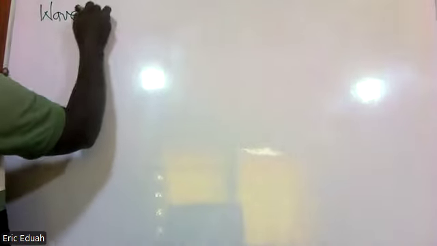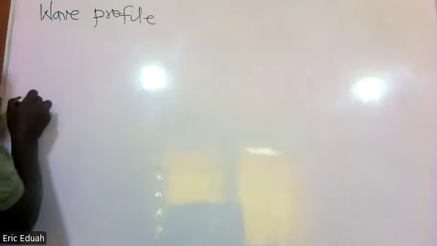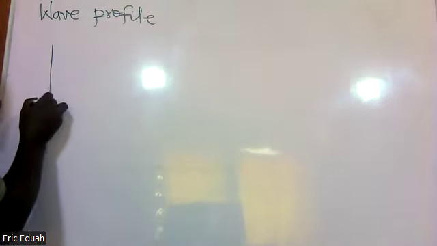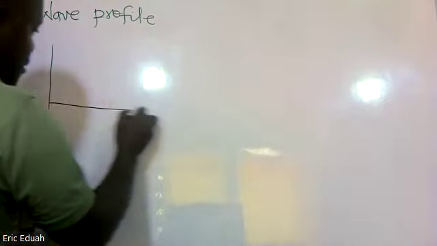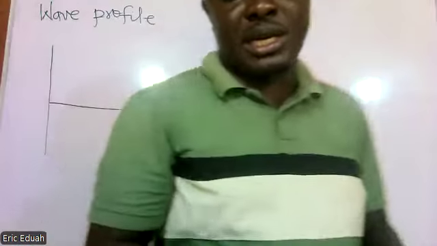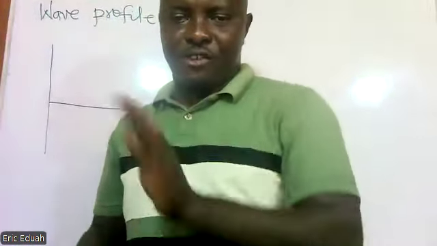So the wave profile. We draw X and Y axes. A wave is actually a simple harmonic kind of motion, that repeated kind of motion.